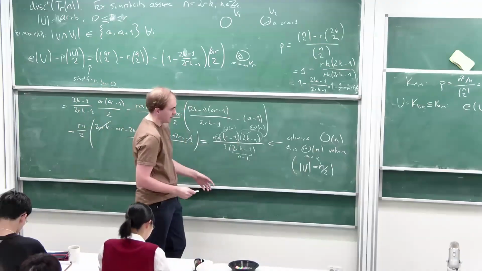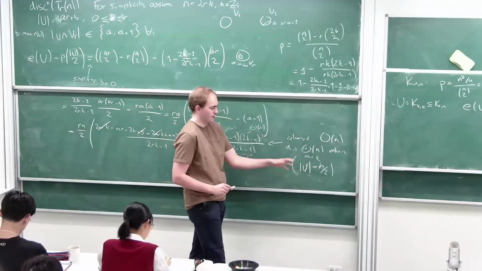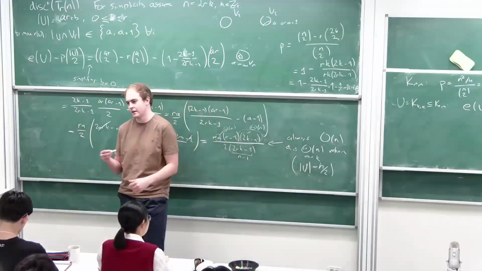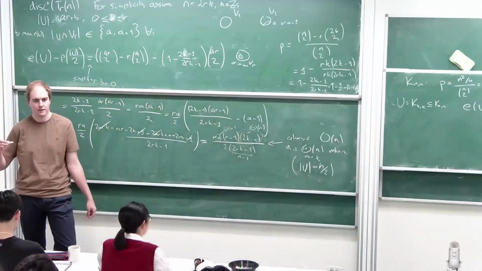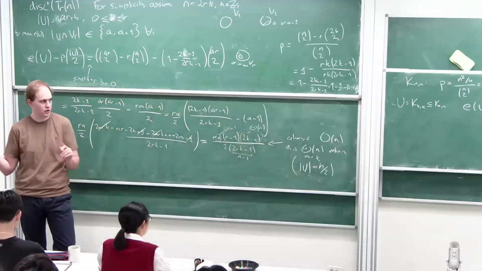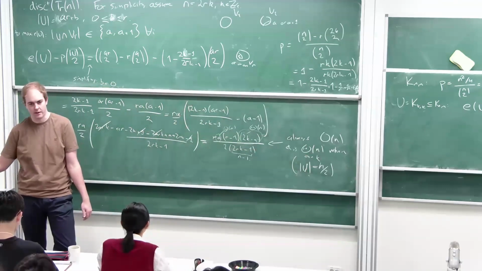Remember r is constant. So this is always at most linear. And if we pick U to be of size cn for any constant c properly bounded away from 0 and 1, then this expression actually grows properly linearly. So that's why we get linear.